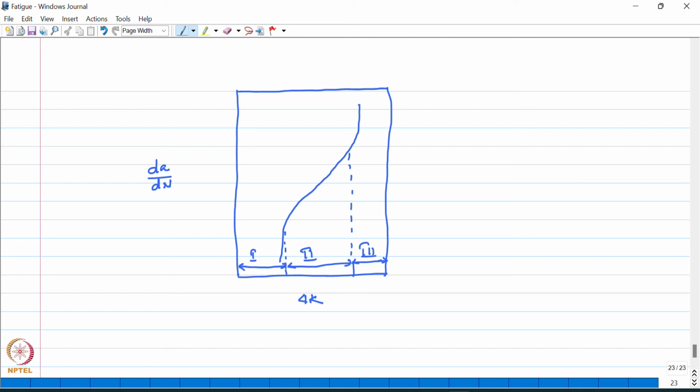Region 1 is bounded by a threshold below which no observable crack growth is obtained. So below delta K th, the crack behaves as a non-propagating crack.